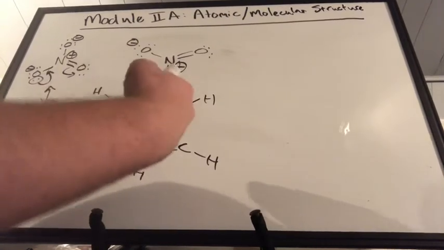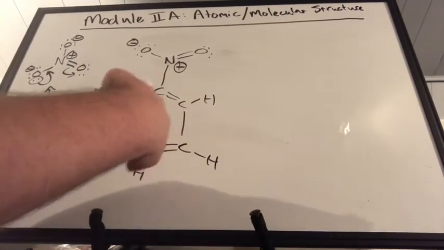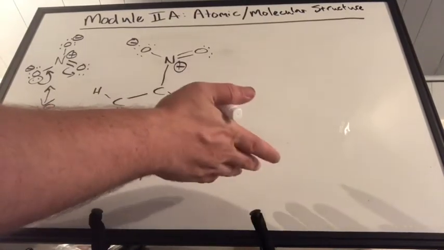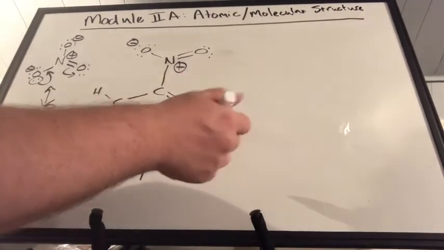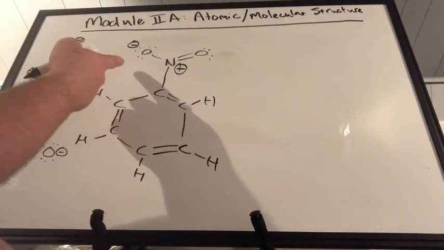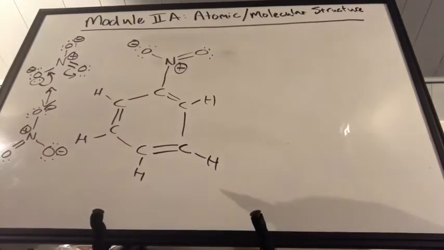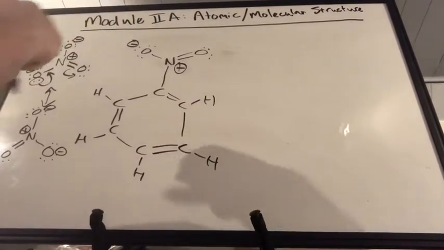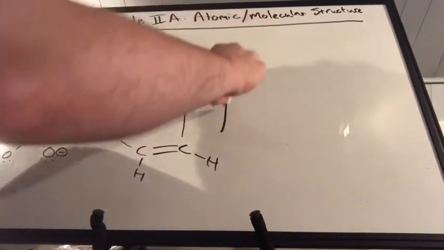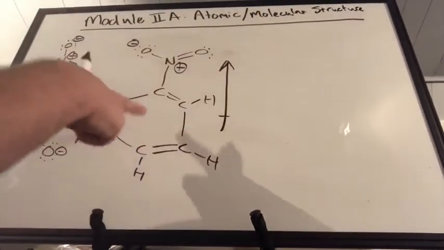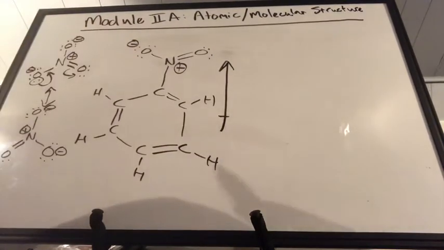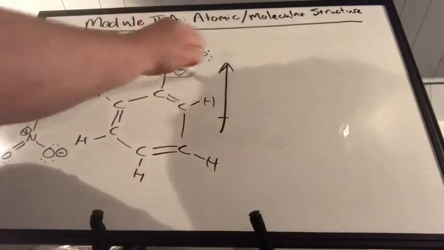So as you add more bonds in between two particular elements, the more electronegative that particular section of the molecule becomes. But notice how you have two oxygens, which are almost second to most electronegative next to fluorine, up there at the top. So it's going to want to draw electron density away from that ring over towards that nitro group right there. So this is what is referred to as a nitro group.